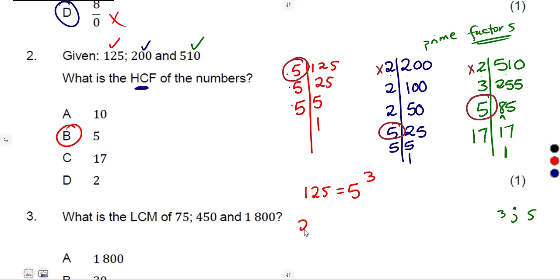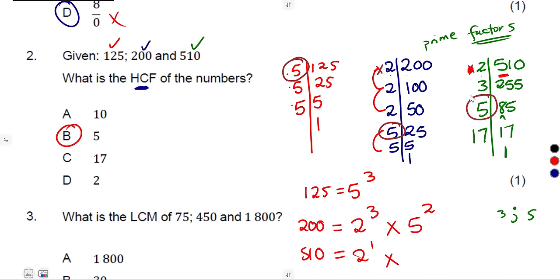Then moving on to 200, that is 2 times 2 times 2, which is 2 to the exponent of 3, and then the 5 is 2 times, so it's 5 squared. Then we've got 510, which is 2, only 1 here. 3, it's only 1. Then 5, it's only 1. The 17 is only 1 again.